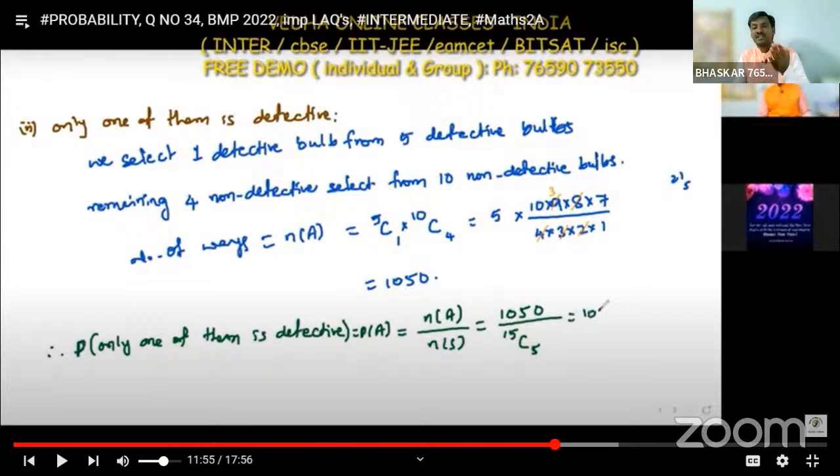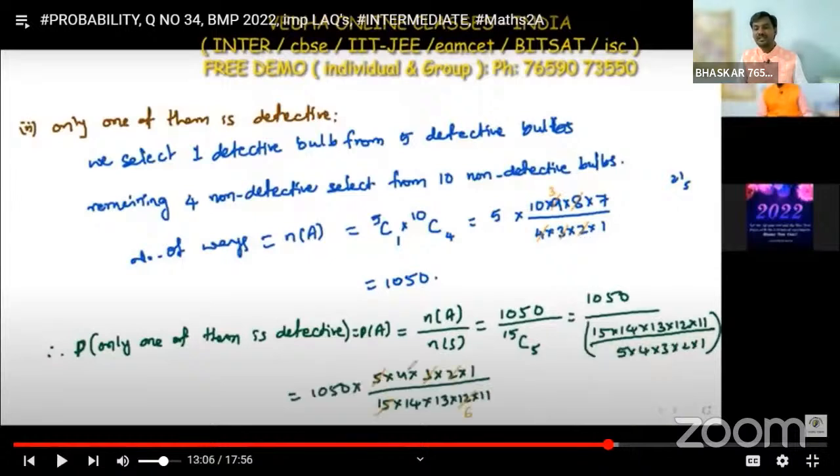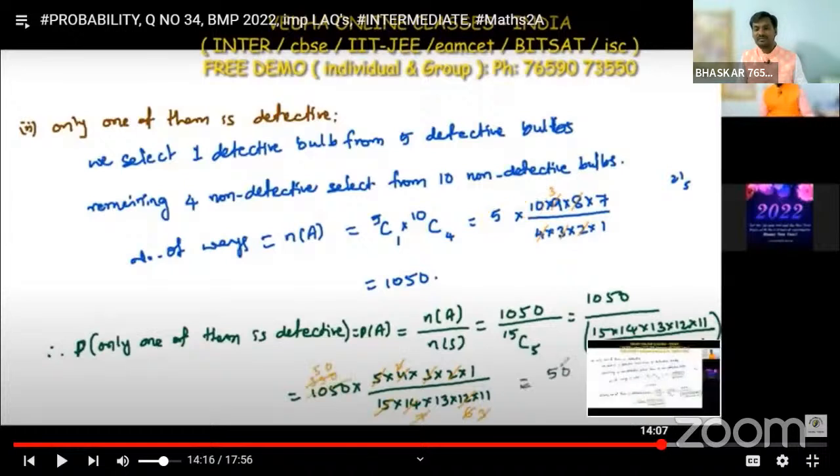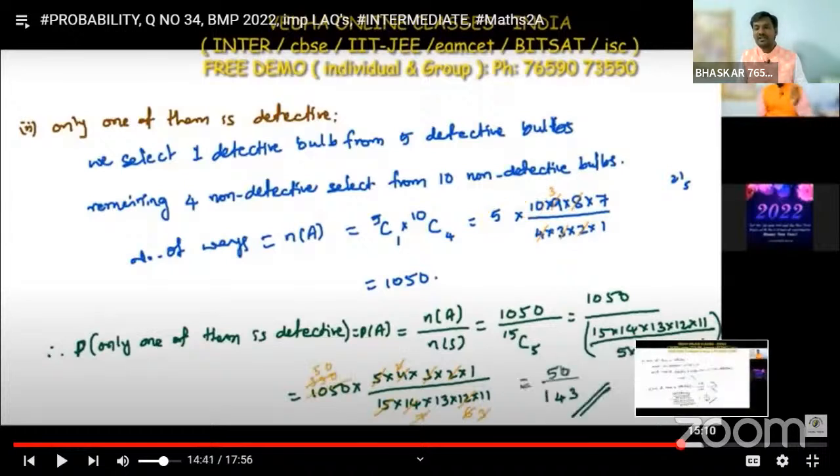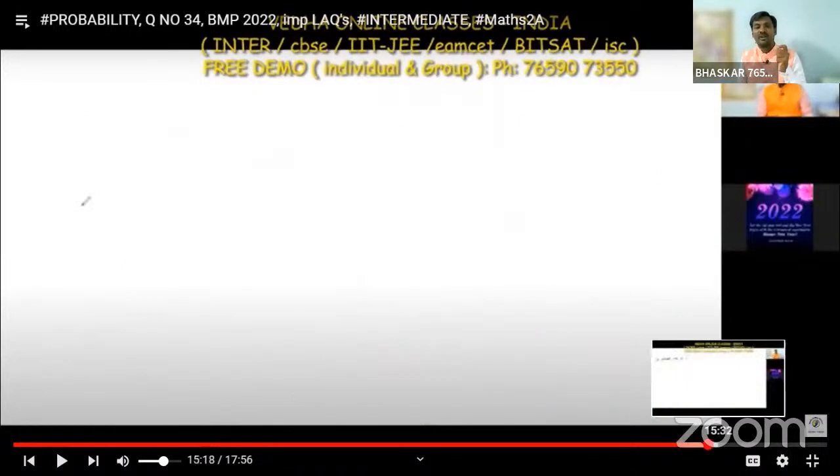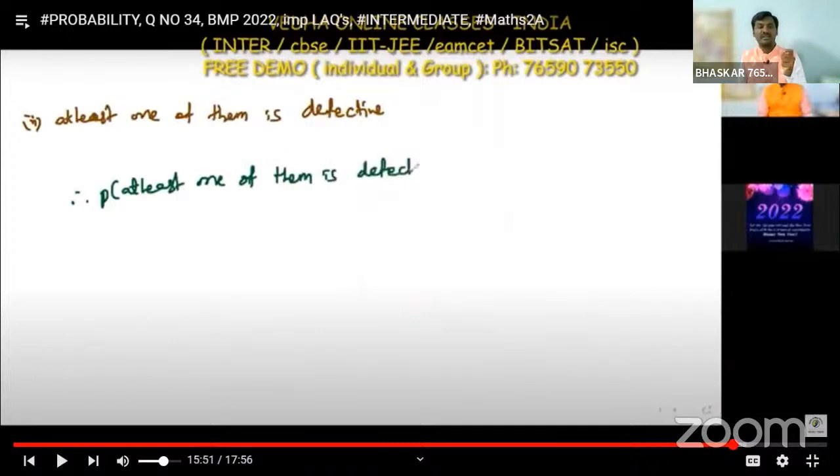That means 1050 divided by 15C5. I expand this value and simplify, and the final answer is 50 divided by 143. After that, the third question.